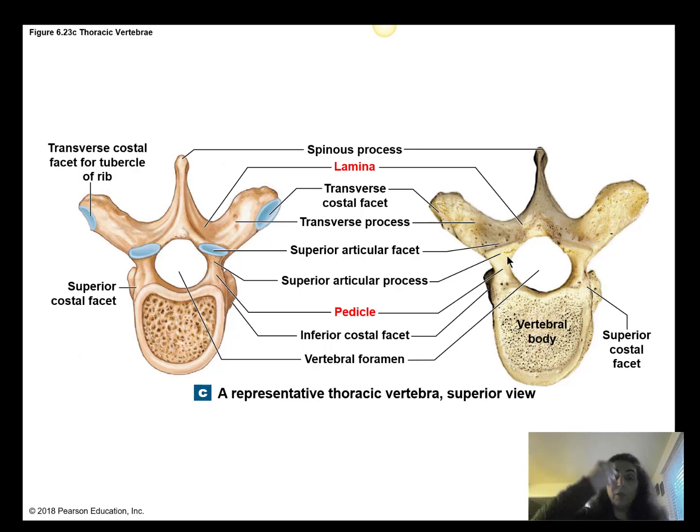Why? Because each vertebra is going to make a joint with the upper vertebra and another joint with the lower vertebra, right? Imagine this is one upper vertebra and this is one lower vertebra, these two join together. That's a very simplified picture, it's not this simple.